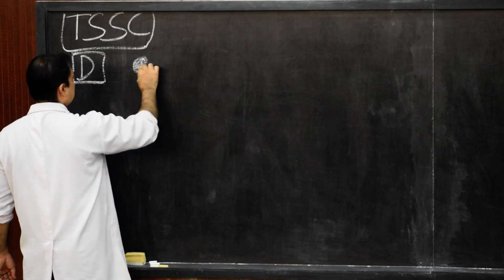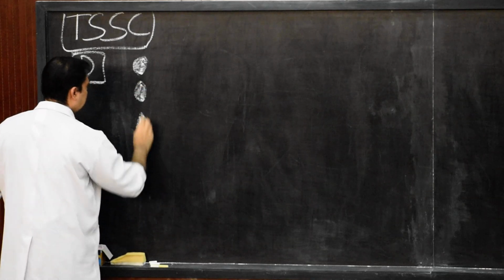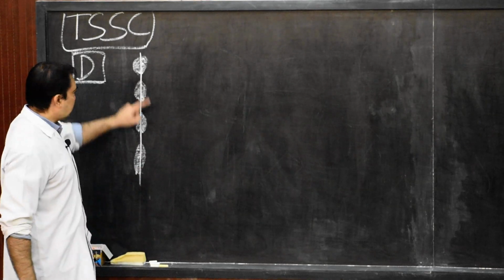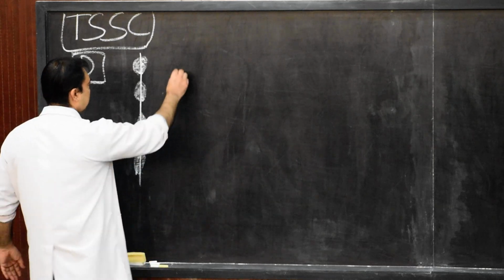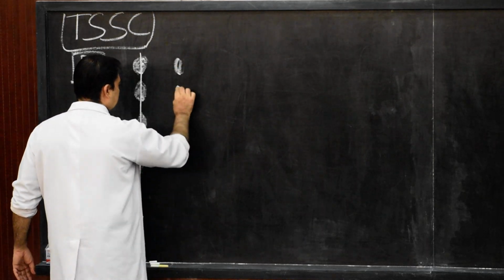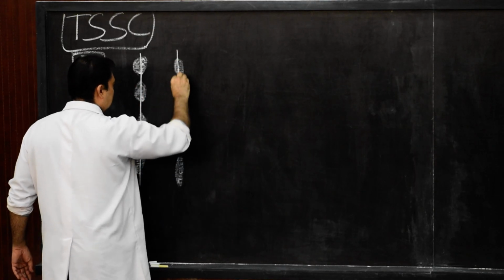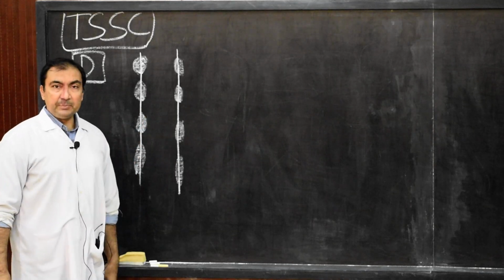Supposing this is 1 ganglion, this is the 2nd ganglion, this is the 3rd, this is the 4th ganglion, and when you join them, this forms the sympathetic chain. And these are the sympathetic ganglia which are situated in the respective regions, as I have told you, on the right side as well as the left side. So this is the general architecture of the sympathetic chain.